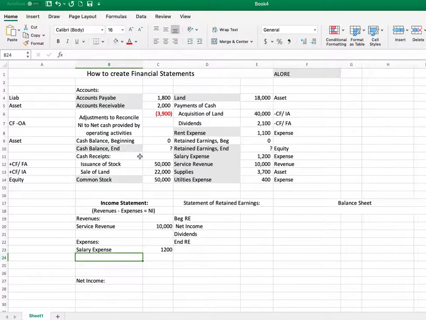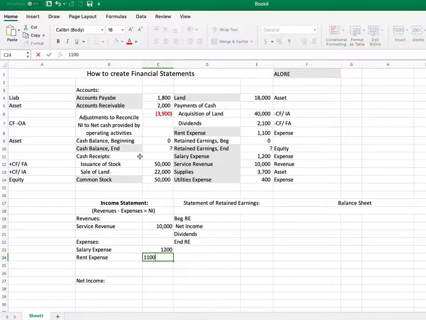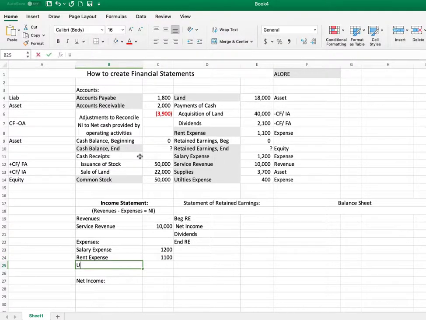And where's our other expense? Let's see. Rent expense, $1,100, and utilities expense, $400. And then you will total your expenses.